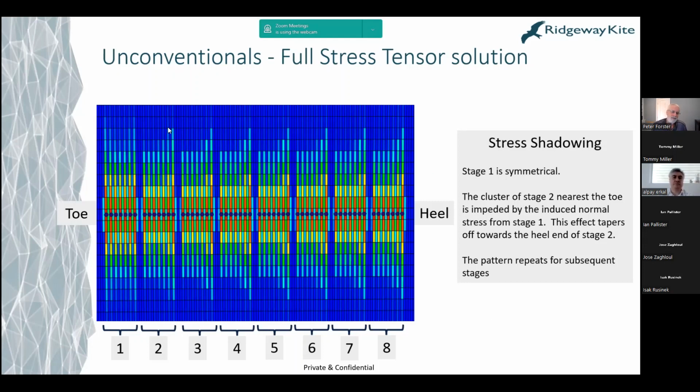Then when we pump the second stage, the clusters that are close to the existing stage are impacted by it and don't propagate as far as they may otherwise have. The ones that are further away propagate further. So we get this stress shadowing effect echoing along the well from the toe to the heel.